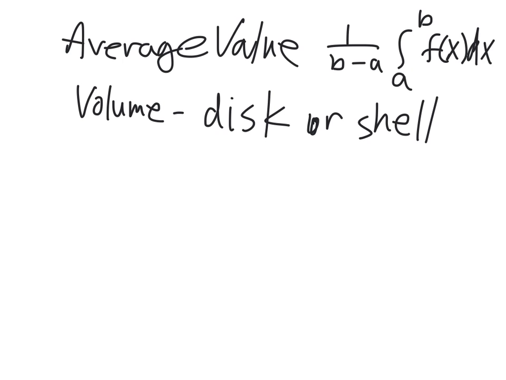Now, most of these, both methods would work. One method would be easier than the other, but it depends on the setup, which one is easier. But be able to do both ways and figure out which way is the easiest for the particular region we're generating. That was 4, 5, and 6 out of test 3.